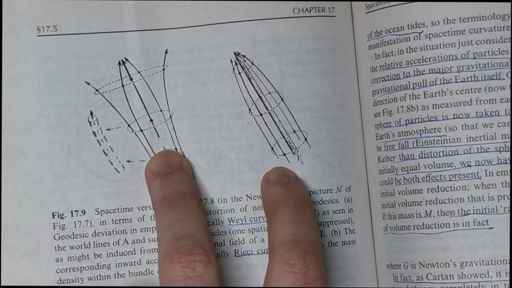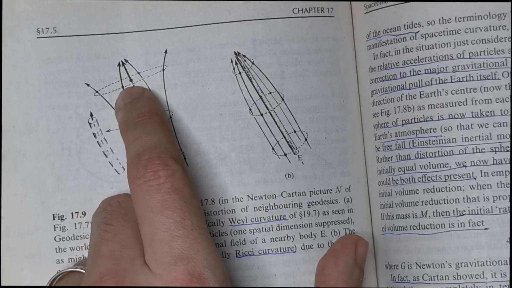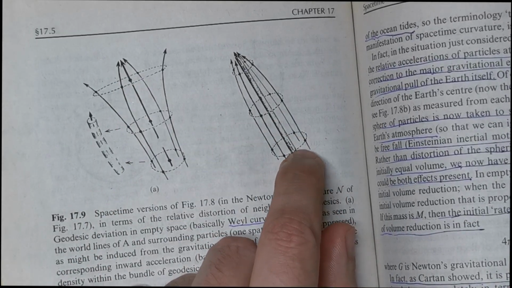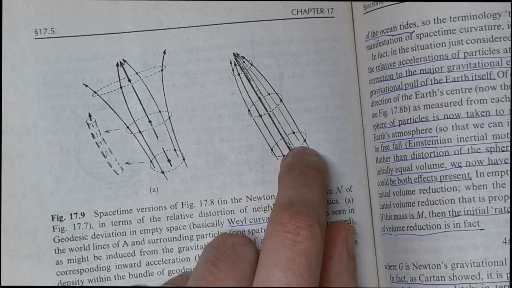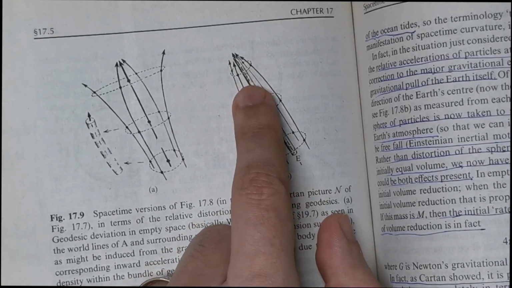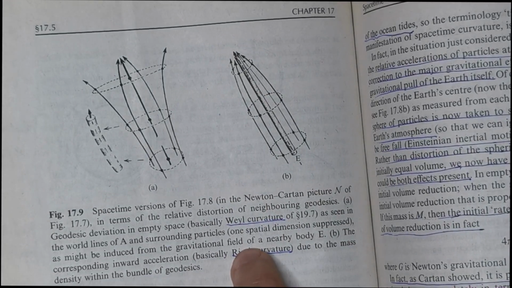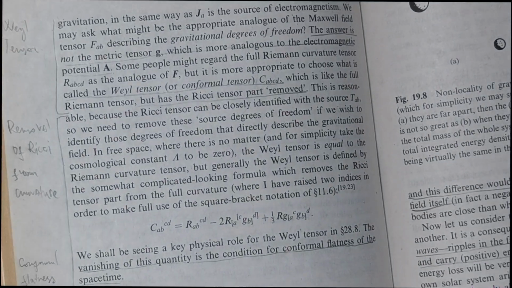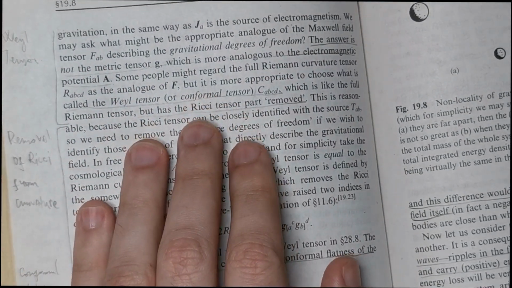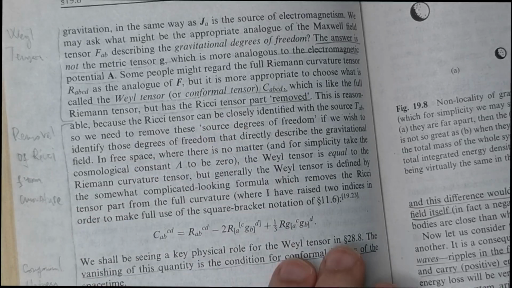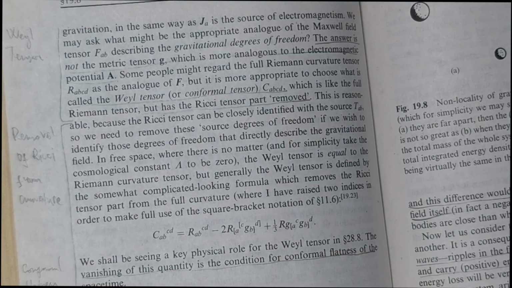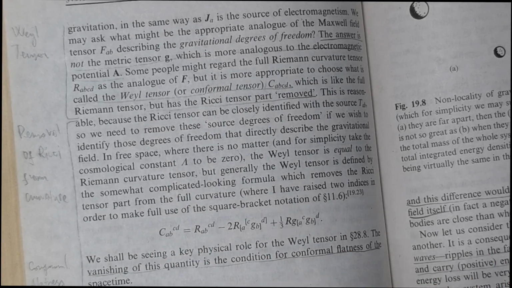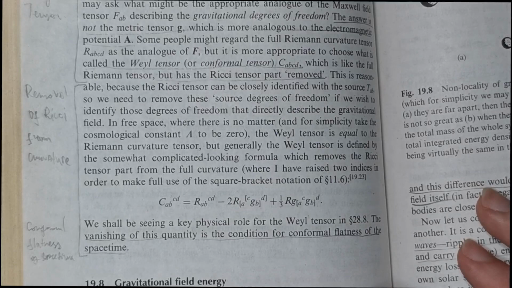You can see tidal forces acting on that circle and producing an ellipse as a result, and the other curvature effect is volume change. We can call those the Weyl and Ricci curvatures. And basically the same thing is happening here. We are removing that volume-changing part of the Riemannian curvature tensor, which is the Ricci tensor.